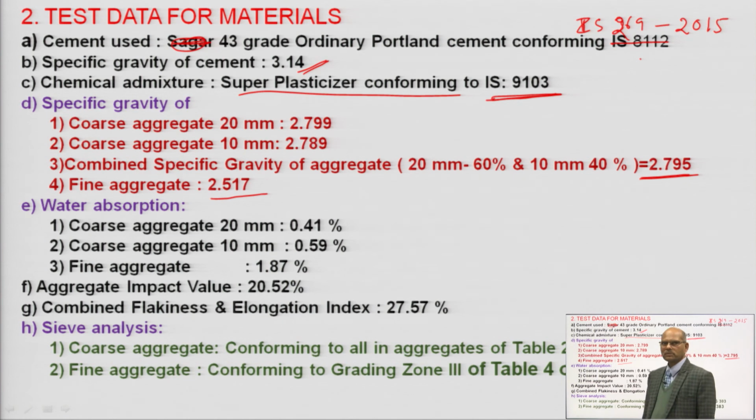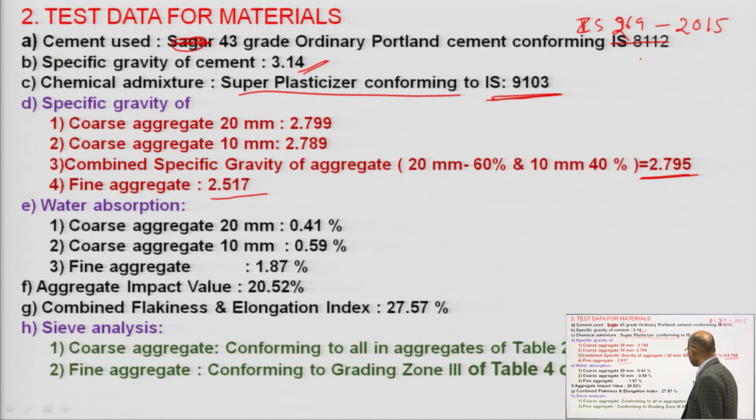Water absorption test also has been performed. After performing water absorption, we got coarse aggregate 20 mm size at 0.41%, 10 mm down size at 0.59%, fine aggregate at 1.87%, aggregate impact value 20.52%, and combined flakiness and elongation index 27.57%. If we are designing for road or other purposes, this is a very important parameter.